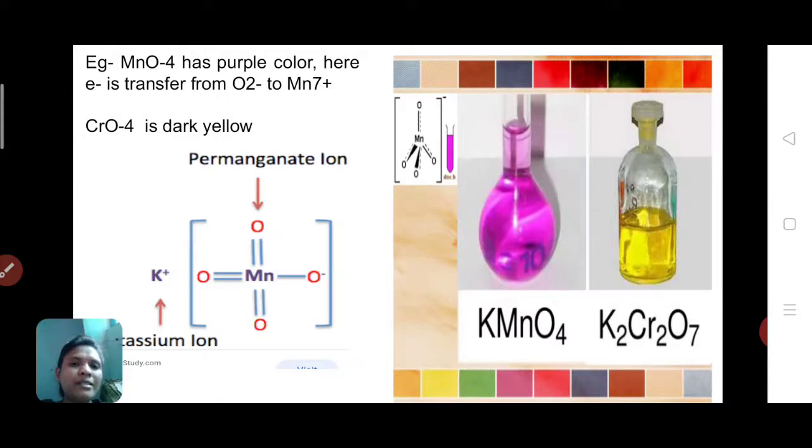So d-d transition, you know, is the promotion of electron from lower energy d orbital to higher energy d orbital, and charge transfer means the electrons are promoted from ligand to metal or metal to ligand. Okay, so ligand to metal or metal to ligand transfer of electrons occurs by absorbing light energy, and this light energy is responsible for imparting different colors to any complex compound.